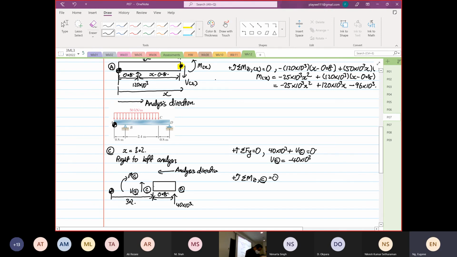So we're going to take moment at the dot that I'm drawing now. So this is equal to, it's going anti-clockwise. So 40 times 10 to the power 3 multiplied by 0.8 minus M at point C is equal to 0. So M at point C is equal to 40 times 10 to the power 3 times 0.8, which is equal to 32 times 10 to the power 3 Newton meter.